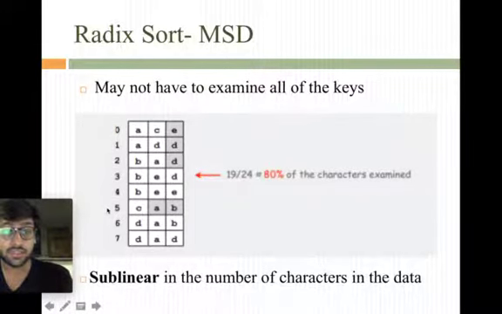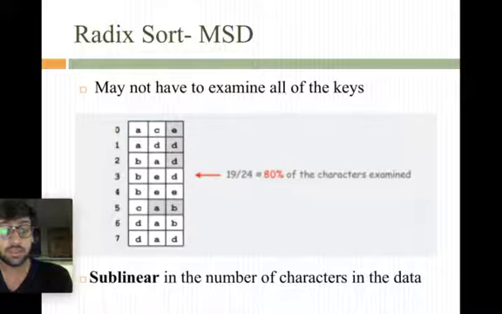Out of these, we see that string 5, the string CAB, is a single element in the bucket and does not need to be sorted further. Now if we go to the first bucket that contains ACE and ADD, we have to recursively sort this bucket, so we will be comparing the second letters, that is C and D. Since C and D can determine the order of the strings, we actually never need to compare E and D in this.